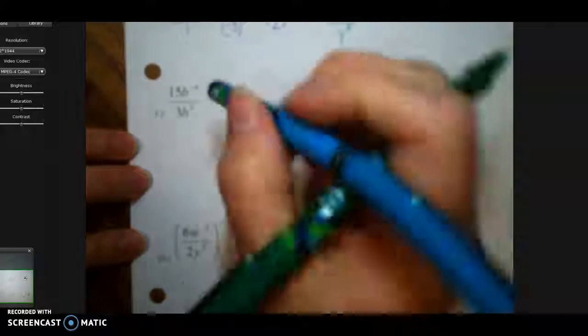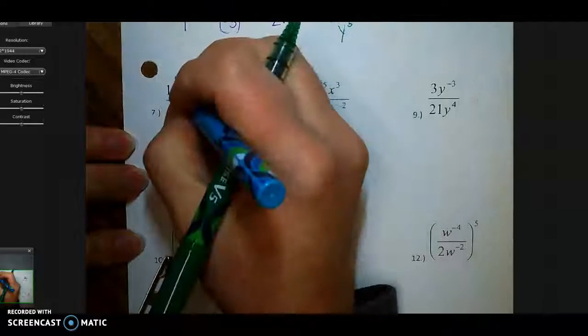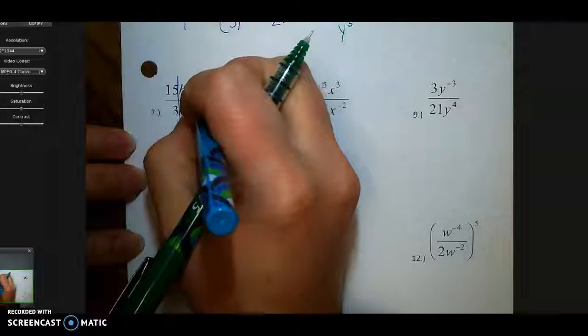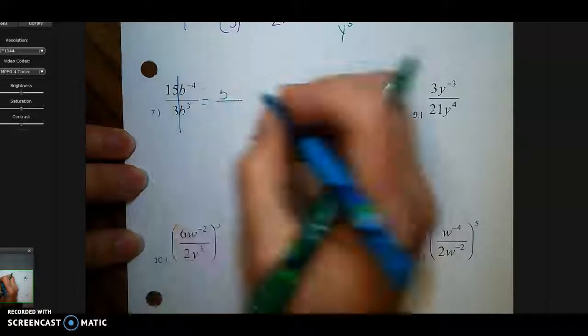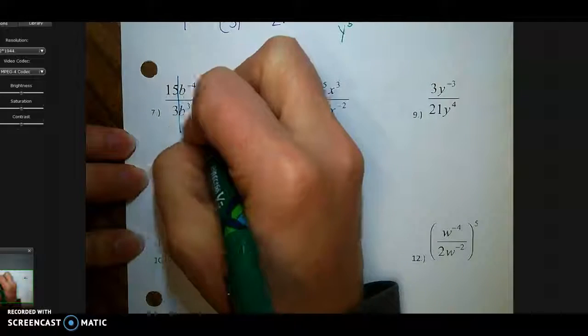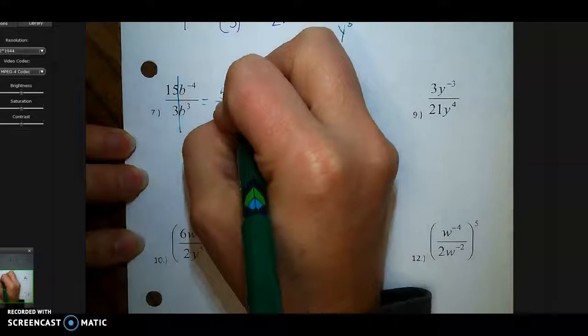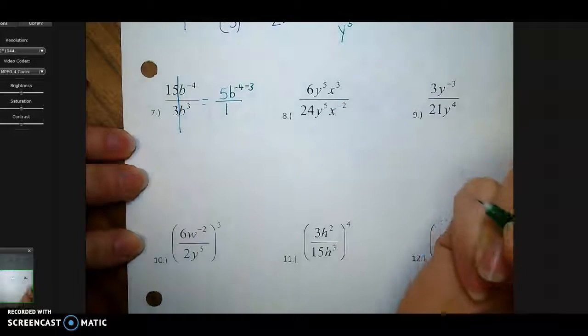Continuing on down here, I've got the numbers 15 and 3, so I can once again think of that as 5, and I can think of it as 5 over 1 if I need to. And then I've got b, so b minus b to the negative 4th power and I'm going to subtract 3.